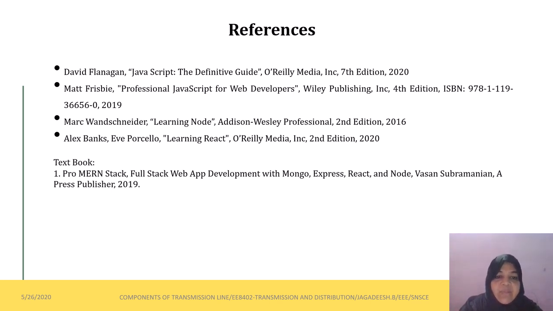Alex Banks and Eve Porcello, Learning React, O'Reilly Media, 2nd edition, 2020. And for your textbook reference, Pro MERN Stack: Full Stack Development with Mongo, Express, React and Node, written by Vasan Subramanian, Apress, 2019.